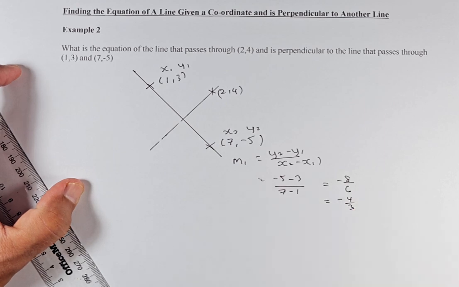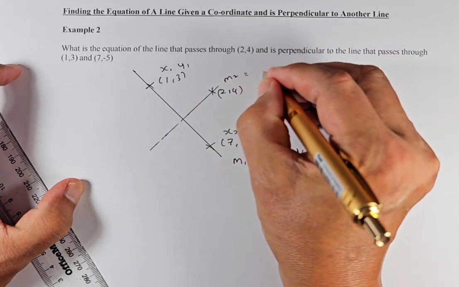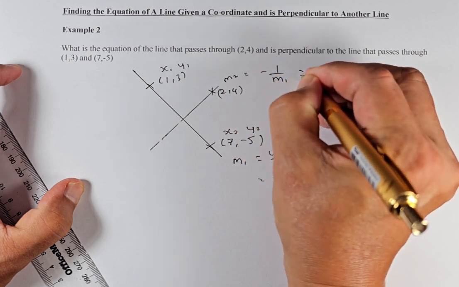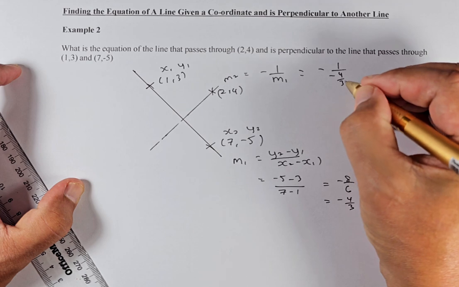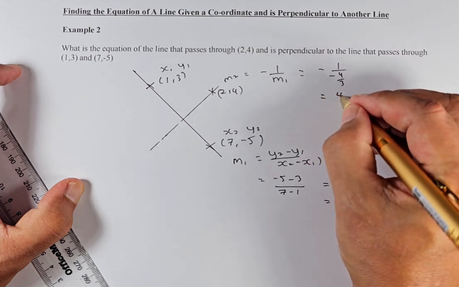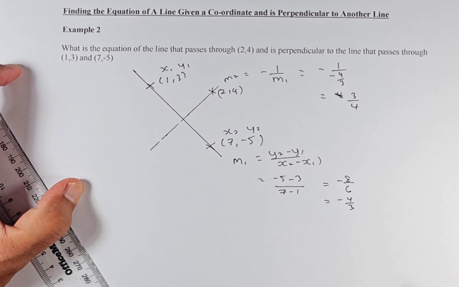So for the gradient M2, the gradient we want to find, M2 is going to be minus 1 over M1. So it's going to be minus 1 over minus 4 over 3. And you put it in your calculator, the answer should be 3 over 4. The gradient of that line is 3 over 4.